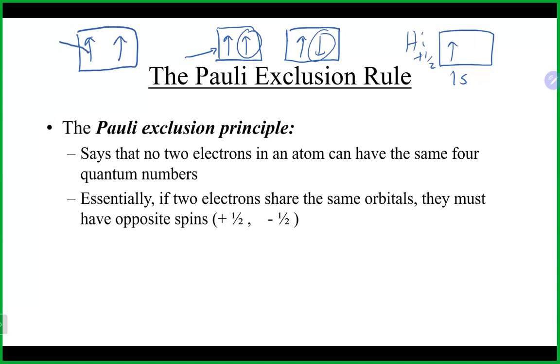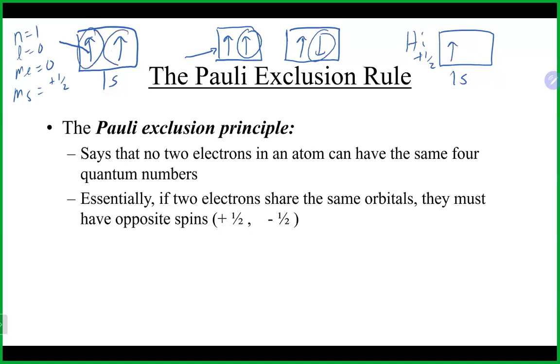you could trust me when I tell you that if you did the quantum number for this electron for a 1s orbital, it would have a value of n is equal to 1. l would equal 0 because, as we talked about, 0 is an s orbital, so it's hanging out there in the s orbital. m sub l, it's hanging out in the only s orbital available, which is 0. And the spin for this guy would be plus 1/2. And those are the four quantum numbers for this electron.